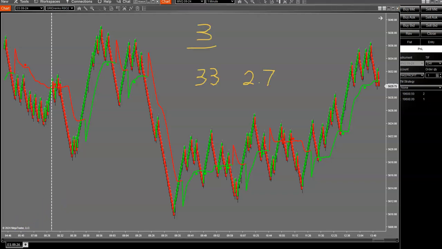My HA1 setting is a 3, a very small number. I want it highly responsive to price. Then the trend bias portion of the indicator has the only 2 settings I really ever adjust. One setting is at 33, and the key sensitivity factor, I have it at 2.7.